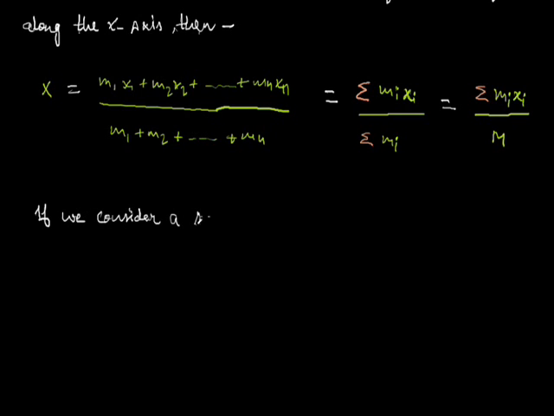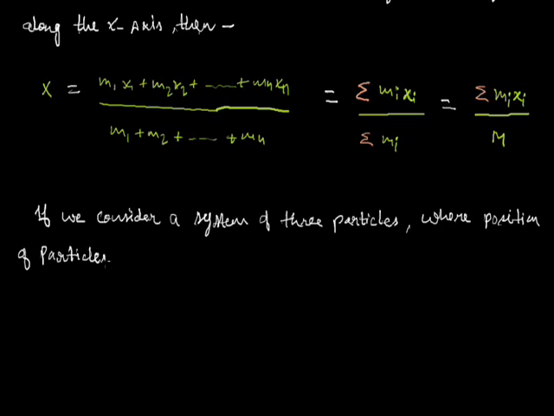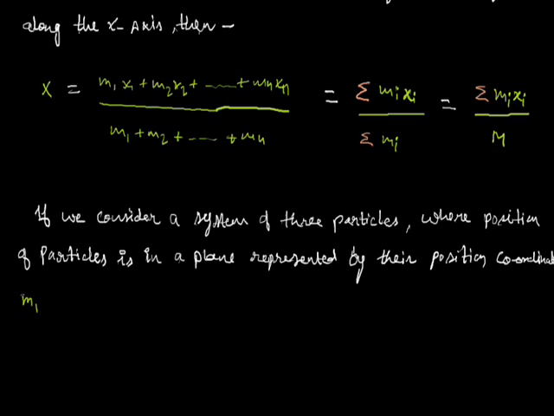If we consider a system of three particles in a plane, represented by their position coordinates: m1 at the position x1 y1, m2 at the position x2 y2, and m3 at the position x3 y3.